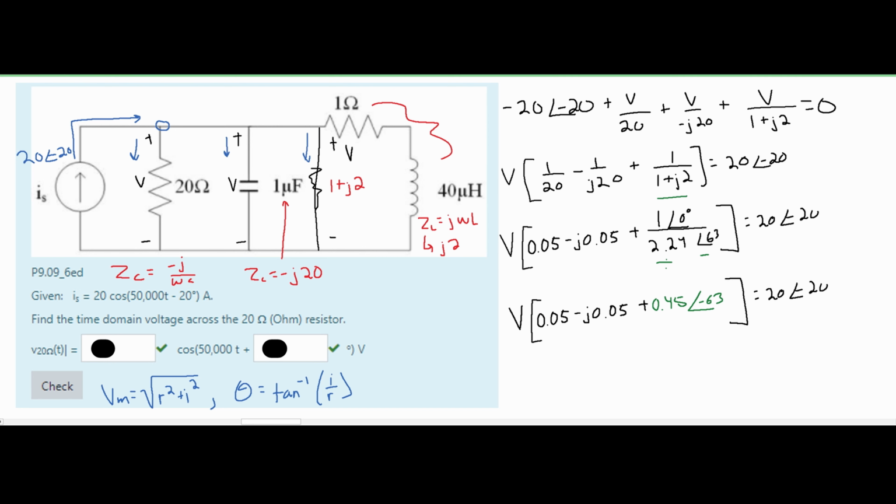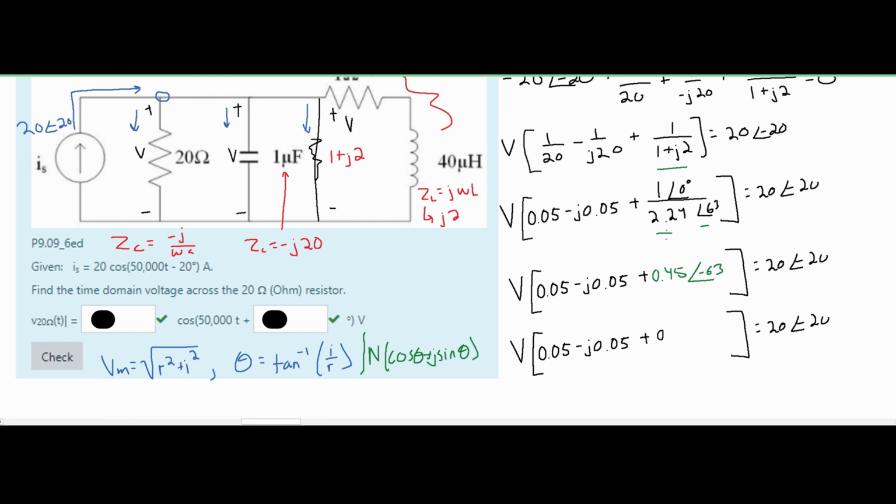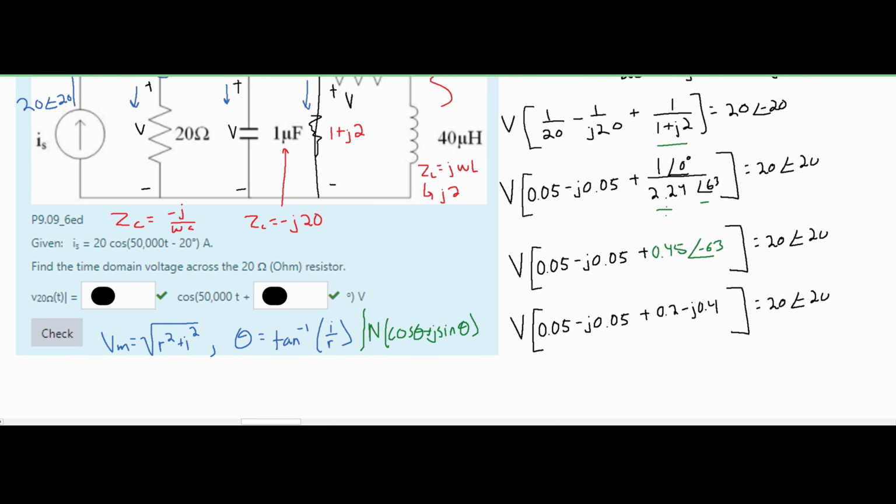To convert from polar to rectangular form, we are going to use the equation where we have our number, parenthesis, cosine of our angle, plus J times the sine of our angle, and then parenthesis. And from this, we're going to get a 0.2 minus J times 0.4. And we can add all of these together now, and also move this underneath our angle right here so that we can divide them and find our V, which is the voltage.